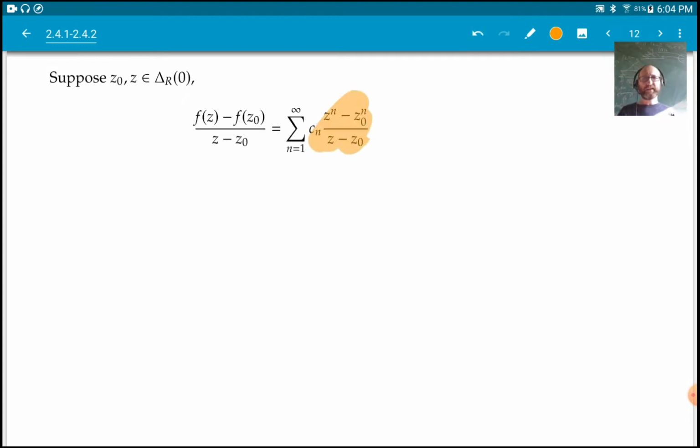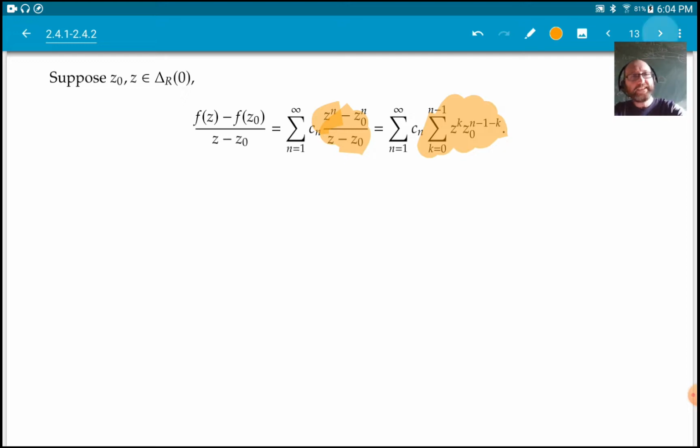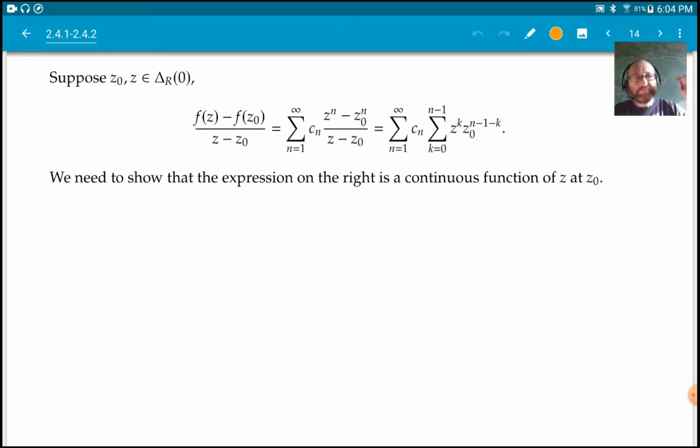So this difference quotient is the sum of these terms, and we rewrite the difference quotient of z to the n using the formula we had before. And now we seem to be almost there. If we're trying to take the limit as z tends to z naught, the limit of that would be the right thing. We would get precisely the right series here.